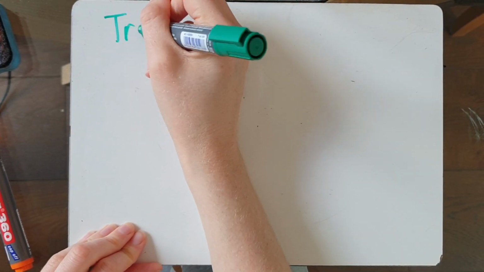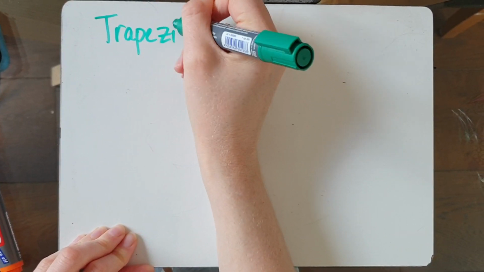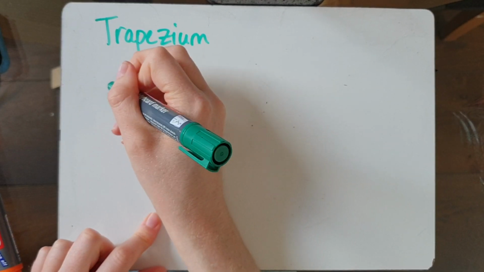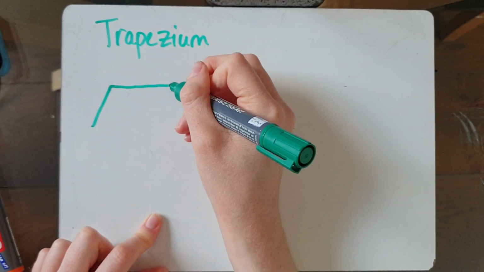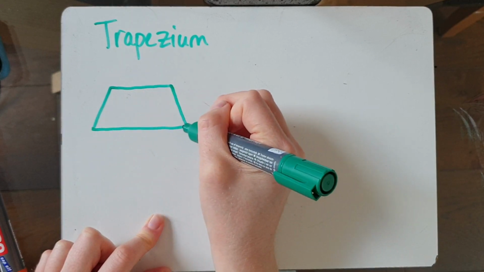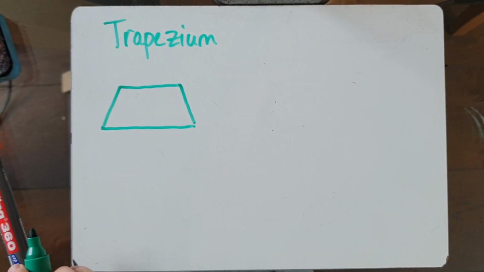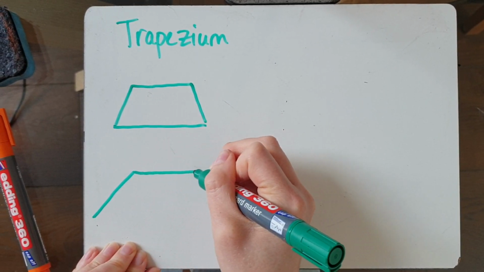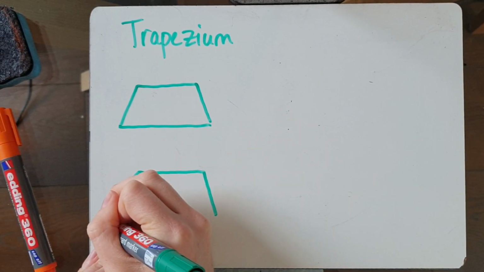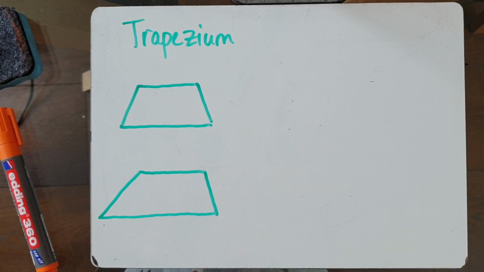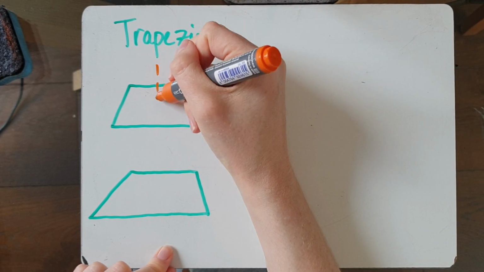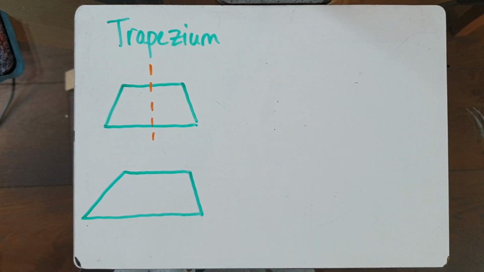Okay, the next one we've got is a trapezium. Now, we can have a trapezium that is symmetrical. That would be an isosceles trapezium. But we can also have a trapezium where one of the non-parallel sides is at a different angle to the other non-parallel side. So this one is symmetrical, or supposed to be. This one is not symmetrical.